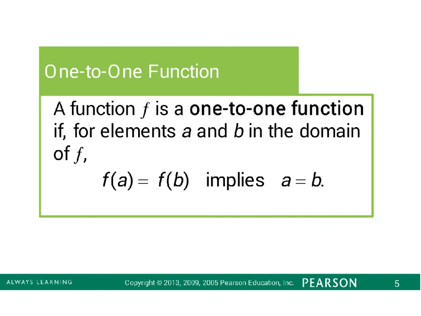Another way to define a one-to-one function in function notation is just like this. If f of a equals f of b implies that a equals b, then we have a one-to-one function. I'm going to show you how to use this definition in showing that functions are one-to-one or not one-to-one.